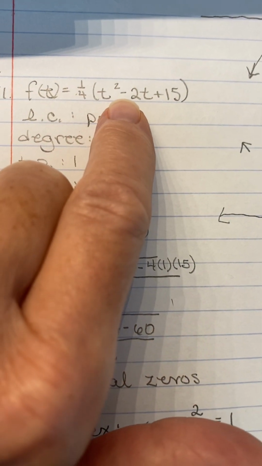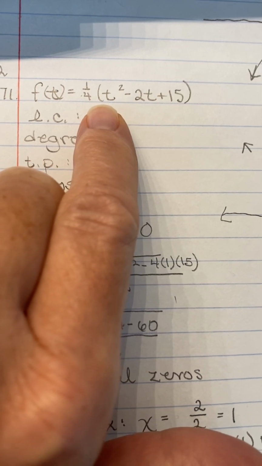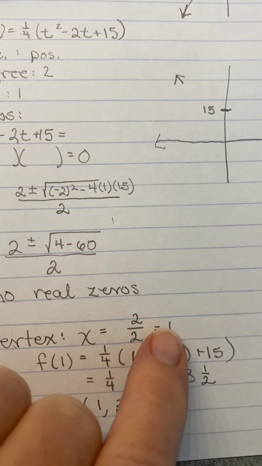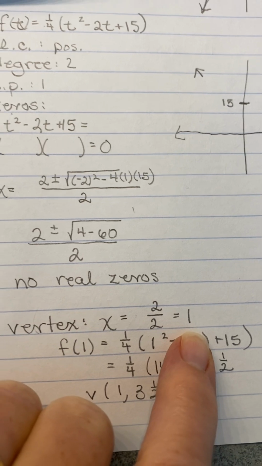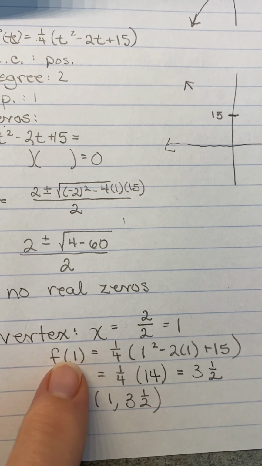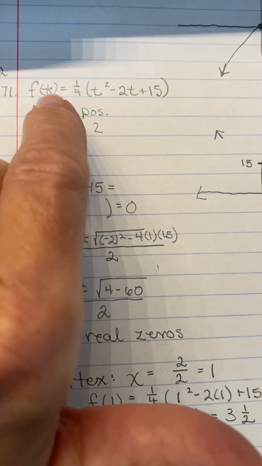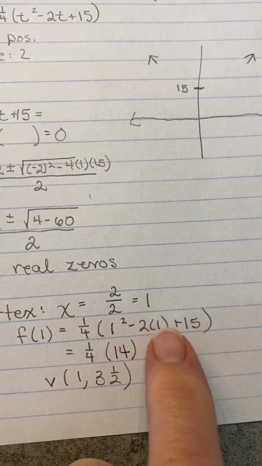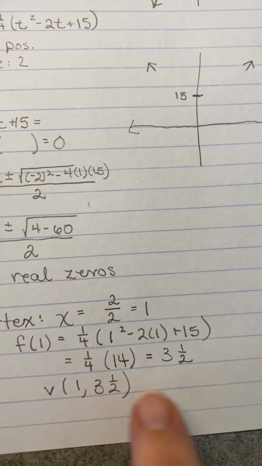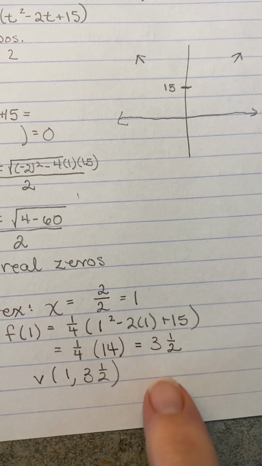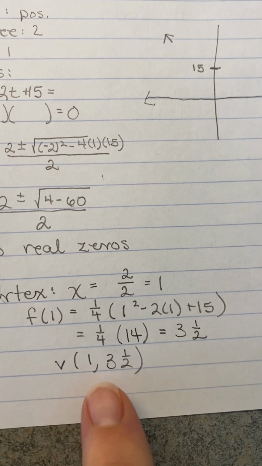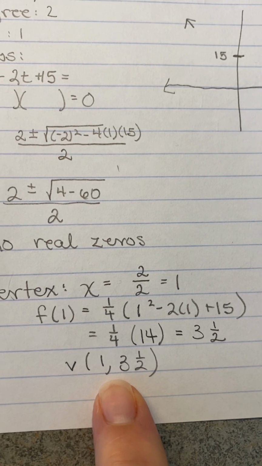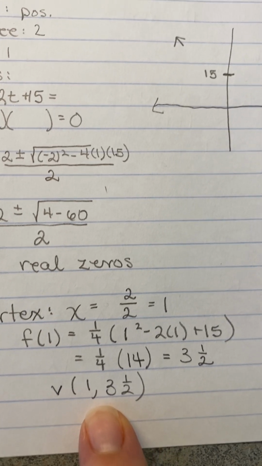So -(-2) is +2, over 2 times 1, which is 2. That gives me an x of 1. To find the y value, I'm going to put that in. Now I need to know what the value of all this is. So I've got the 1/4 there. Putting in x equals 1, I get 1/4 of 14, which is about 3.5. So now we have a vertex at (1, 3.5).